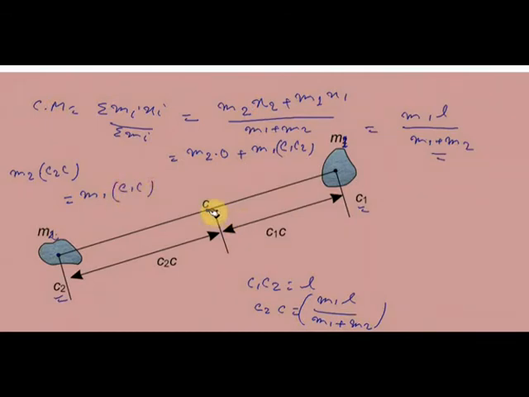So the location of center of mass will be such that m2 into C2C is equal to m1 into C1C, because then only the moment of all the masses with respect to center of mass will be 0.